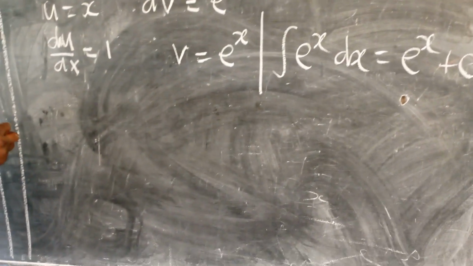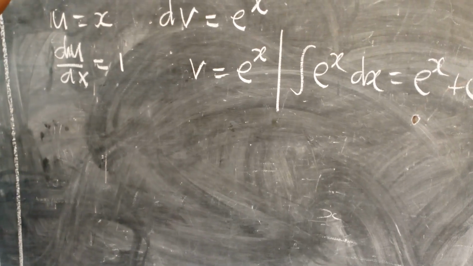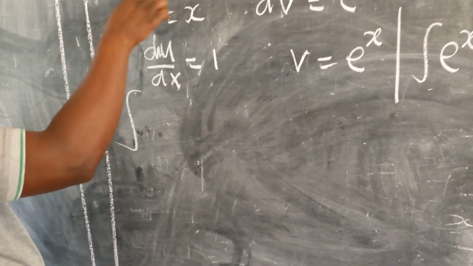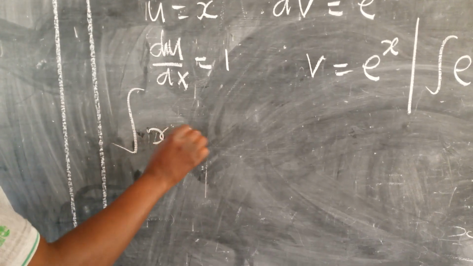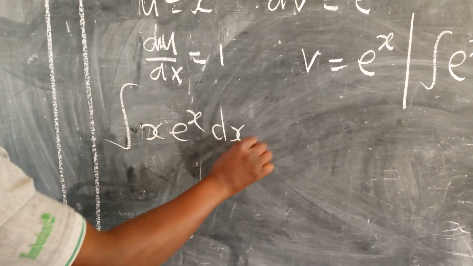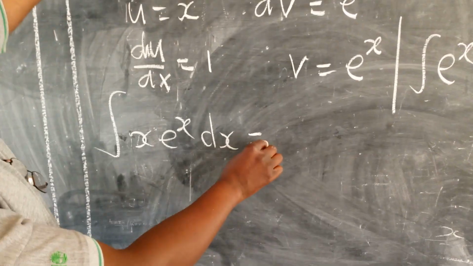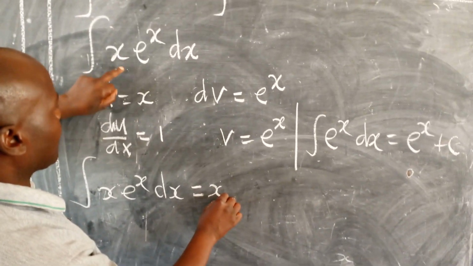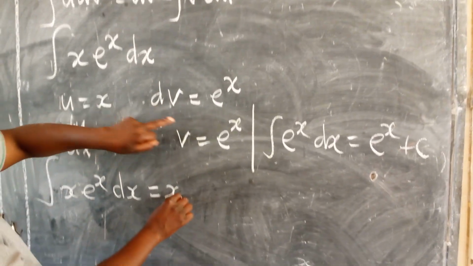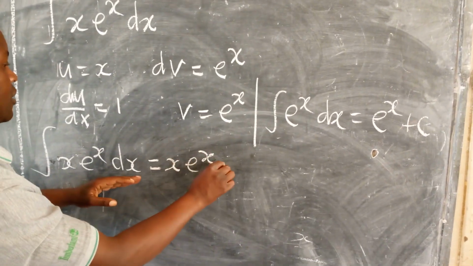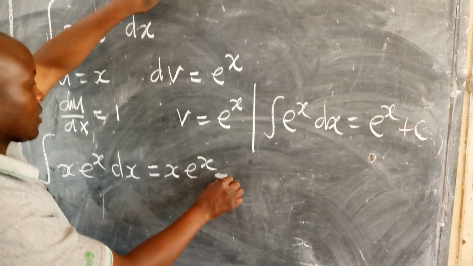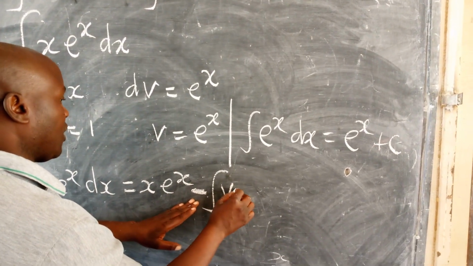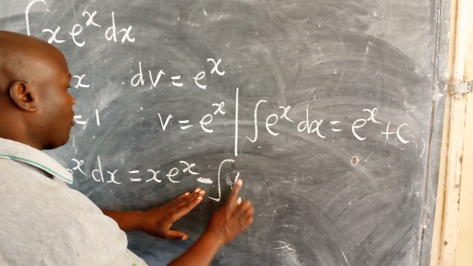So now, how do we integrate? We just have to substitute it here. The integral of x e to the power x dx is equal to, my u is x, I can see my u is this x. My v is e^x, minus the integral of v du.